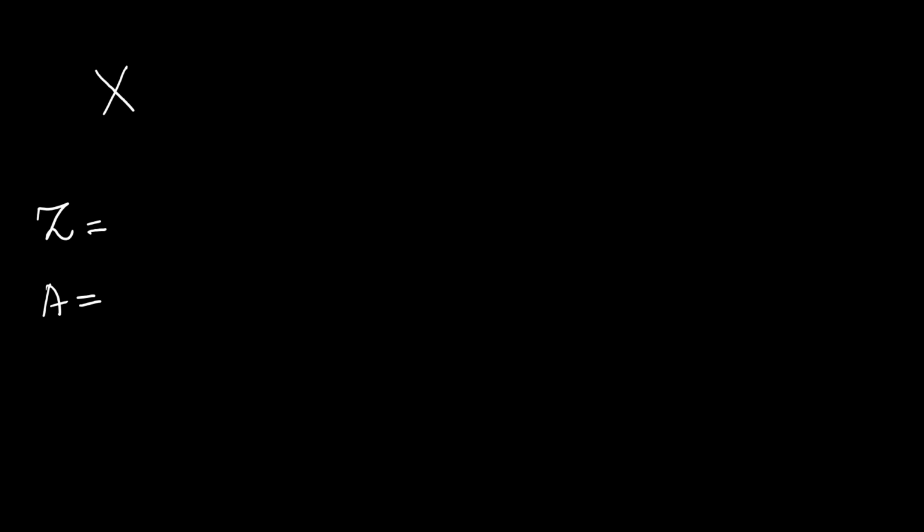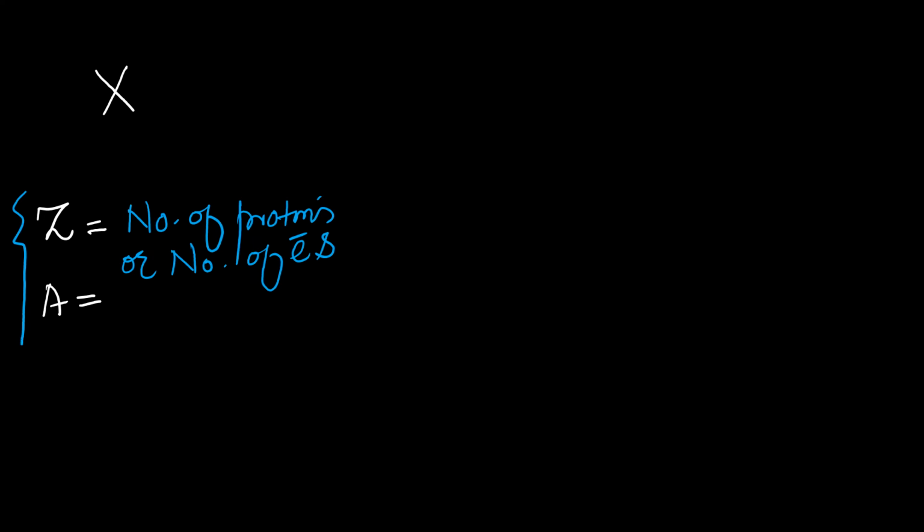Atomic number represents the number of protons or number of electrons, whereas mass number is represented by the number of protons plus the number of neutrons.